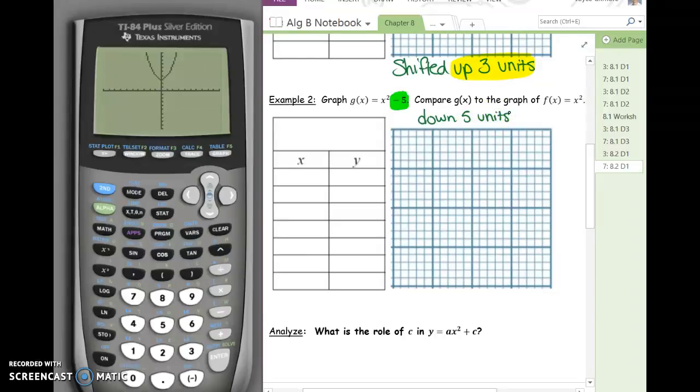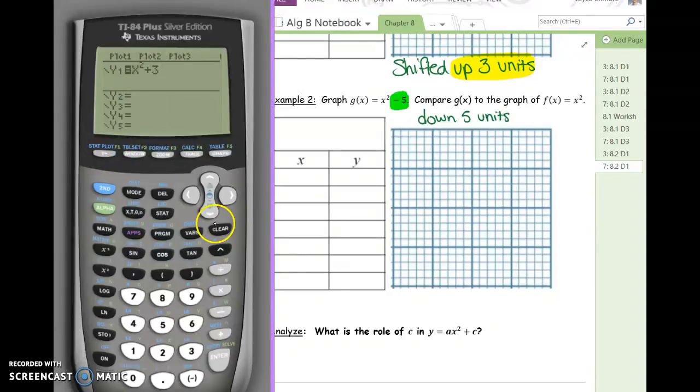Now, plug this into your graph and look at it, get the points, put it on your graph. And look at that, we were right. It shifted down 5 units. Second graph, record some points.